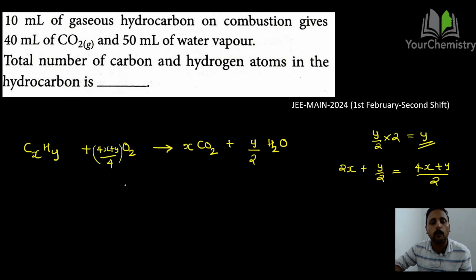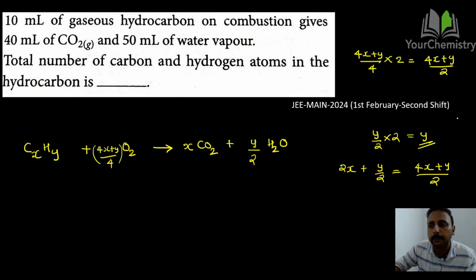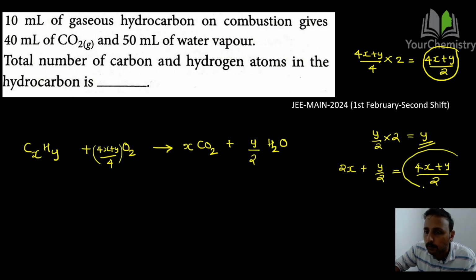You may be thinking why I am putting (4x plus y) by 4, because there is already a 2 in the oxygen, so I need to multiply that with this. So this will become (4x plus y) by 2. That means oxygen on the reactant side is (4x plus y) by 2 and the product side is also (4x plus y) by 2. So this is the balanced equation.